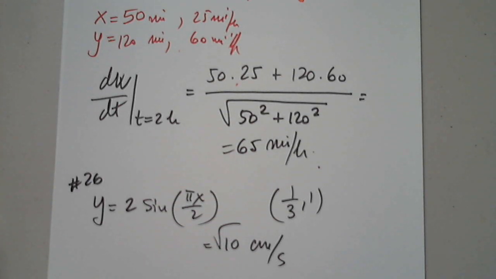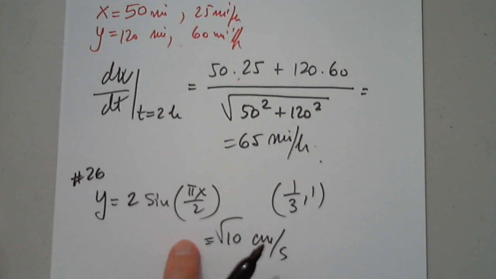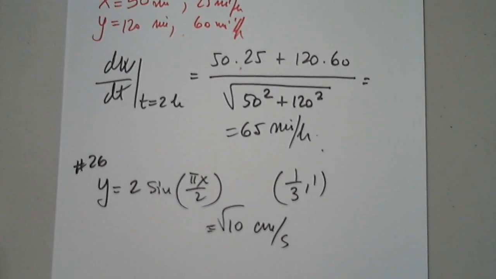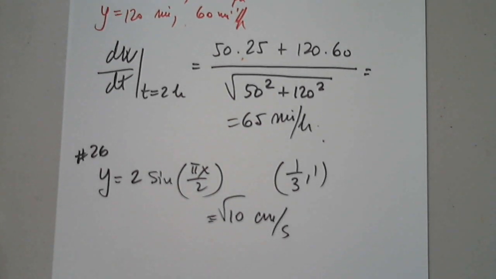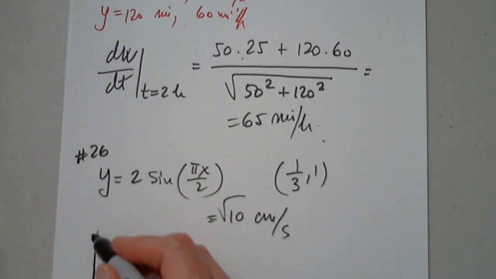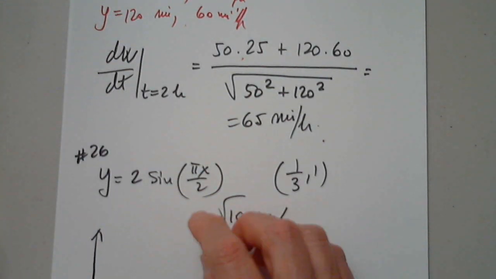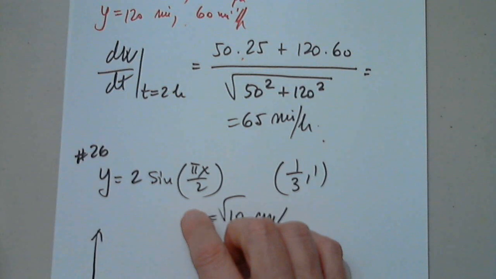Okay, so first of all, let's analyze what this means. The x-coordinate increases at a rate of the square root of 10 centimeters per second. What does this represent? Because if I don't know what this represents, then I will not be able to continue. And then we will graph and discuss the situation. But first we have to identify what this means.